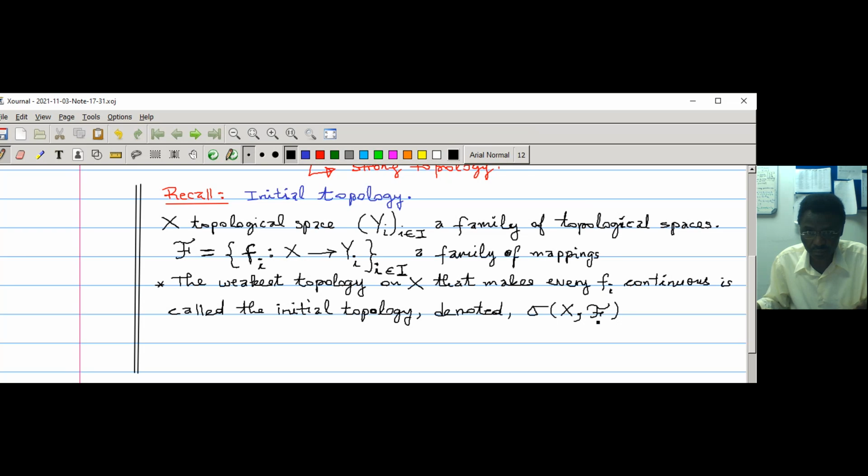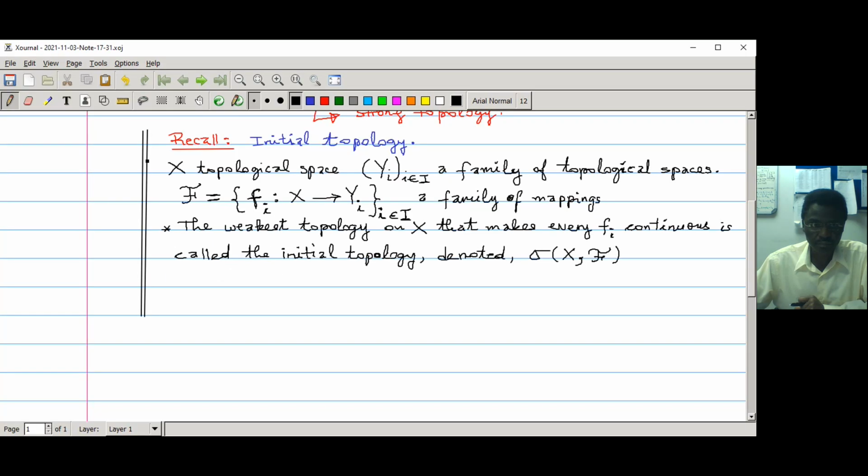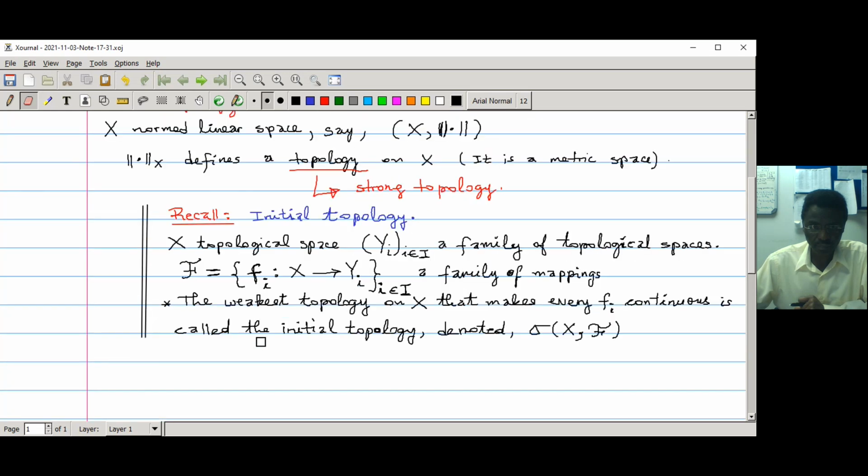You might remove F and put the curly bracket with the F sub I inside. So this is exactly the same thing. So that's how we define the initial topology. Good. So that is the recall.